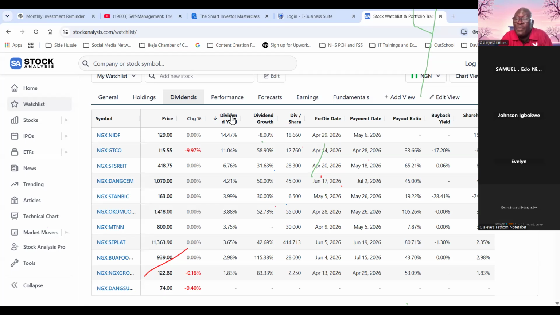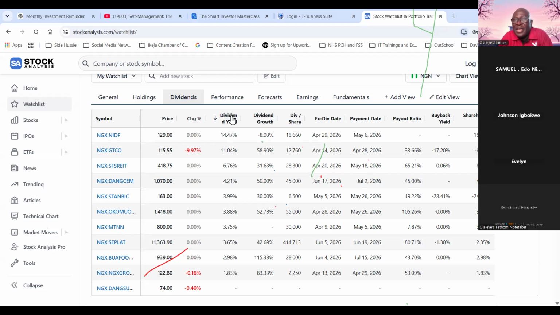There's no doubt about it. What they are paying me is extremely very good. But their dividend yield is 11.04. So even if I have bought 10,000 units of NIDF, that will be a lot of money that I will be getting. So again, I always tell people, it's not about the price. Whether the price of the stock is high or low, that's not the issue.